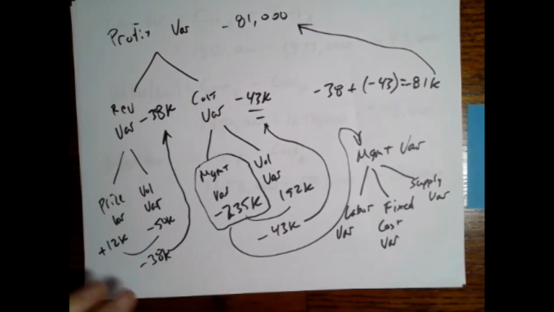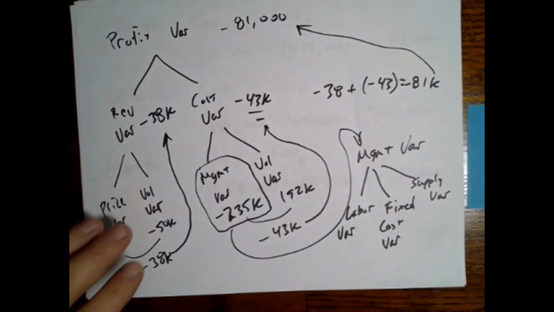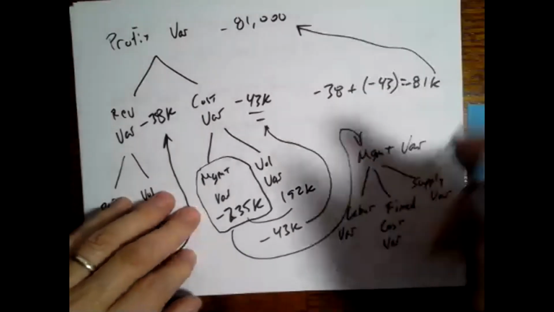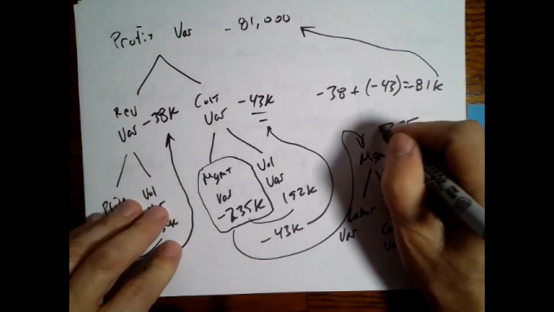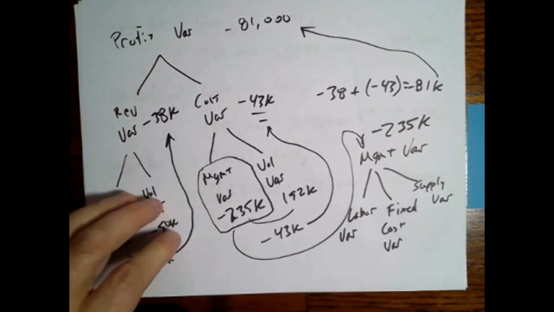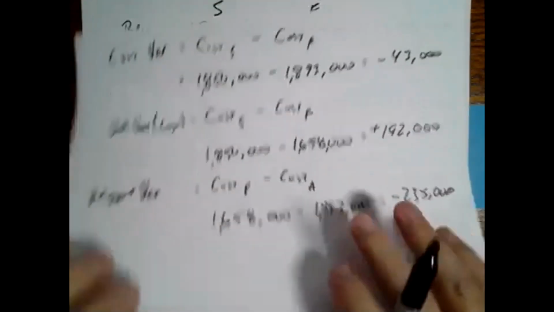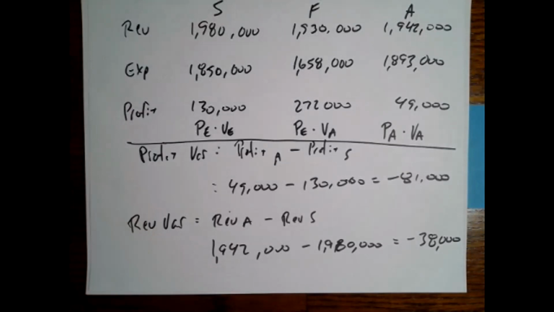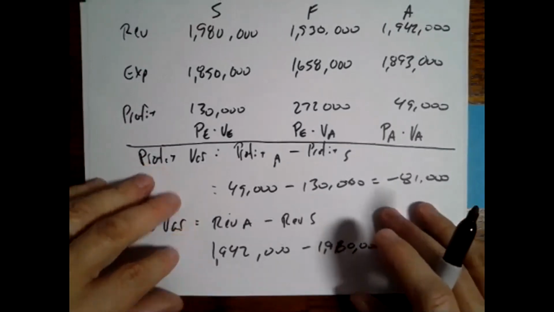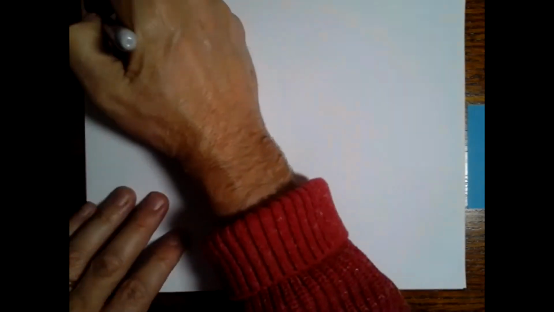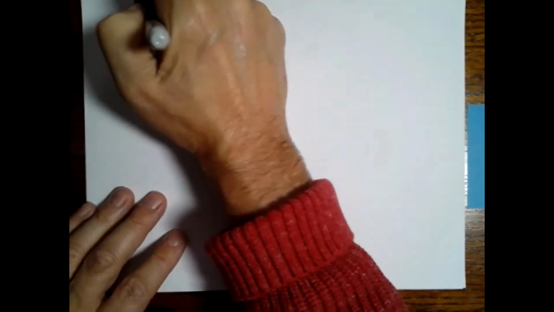So we're going to calculate these three now. And they should all add up to, they should explain the 235,000 and where it came from. These are going to involve a little more granularity. Let's start with the easiest one, which is fixed cost variance.